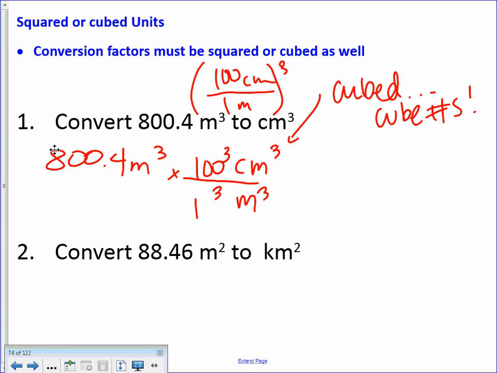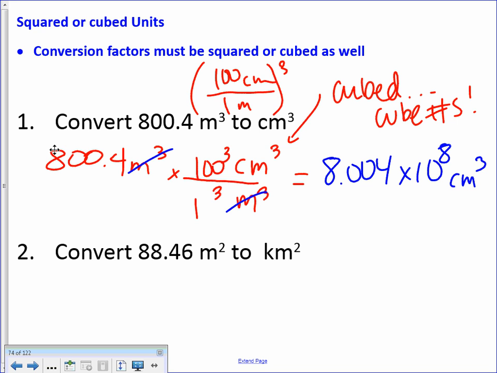And that's it for those. It's not a huge difference, but it's a difference that most people forget. That's the one on the test nobody gets. So I'm telling you now so that you don't forget through that process. So, meters cubed cancels. Then you're actually multiplying by 10 to the 6th, because 100 cubed is 10 to the 6th, so 8.004 times 10 to the 8 centimeters cubed should be what that is in scientific notation.